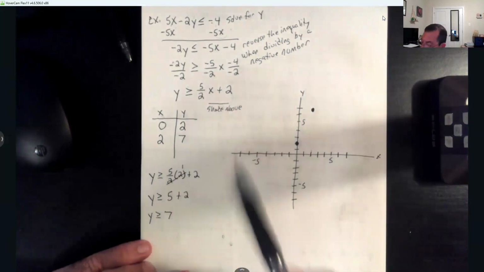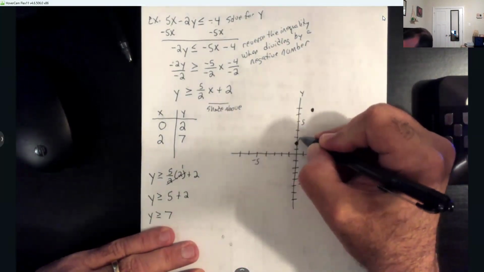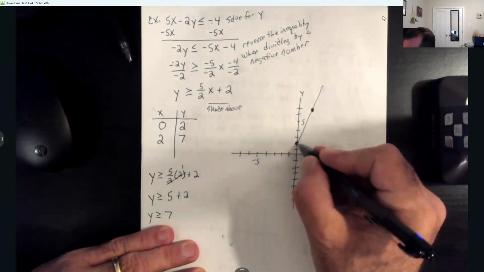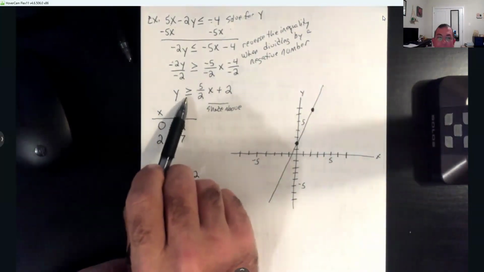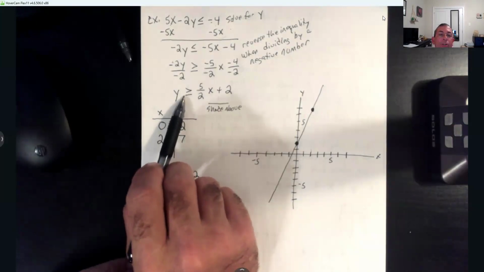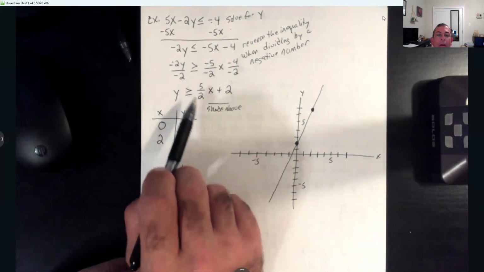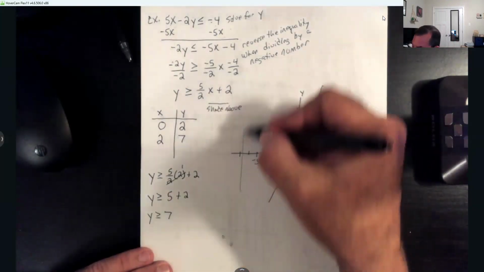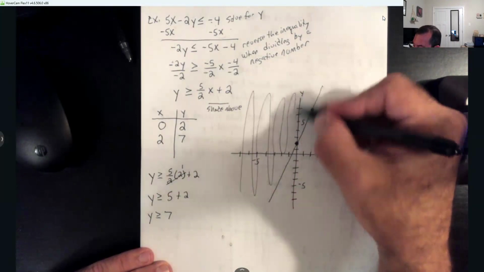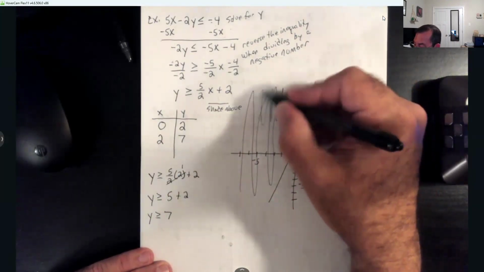So we said it would be a solid line. So we've got a solid line coming through here. And then we look at the final inequality, which is greater than. Greater than, we said, shaded above. So above the line will be all this over here above that line.